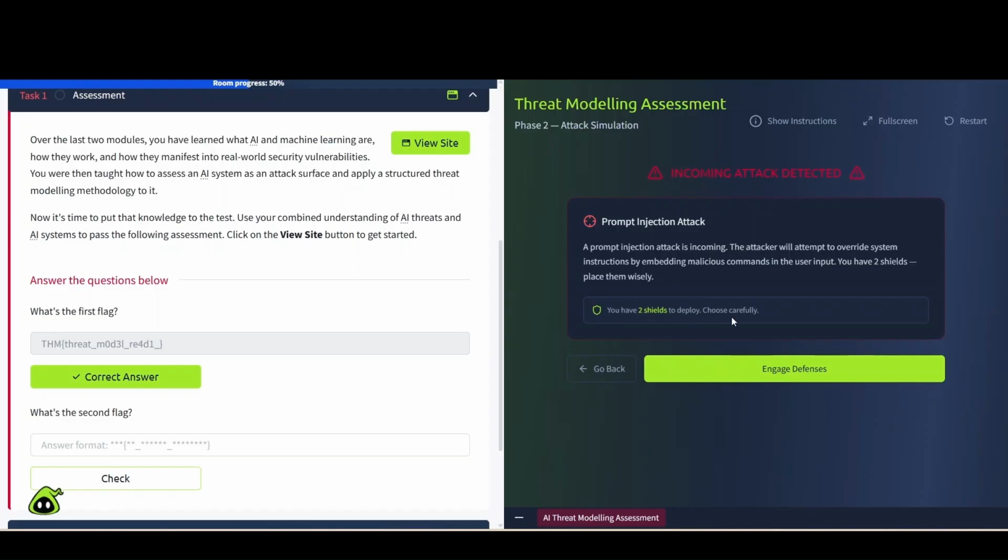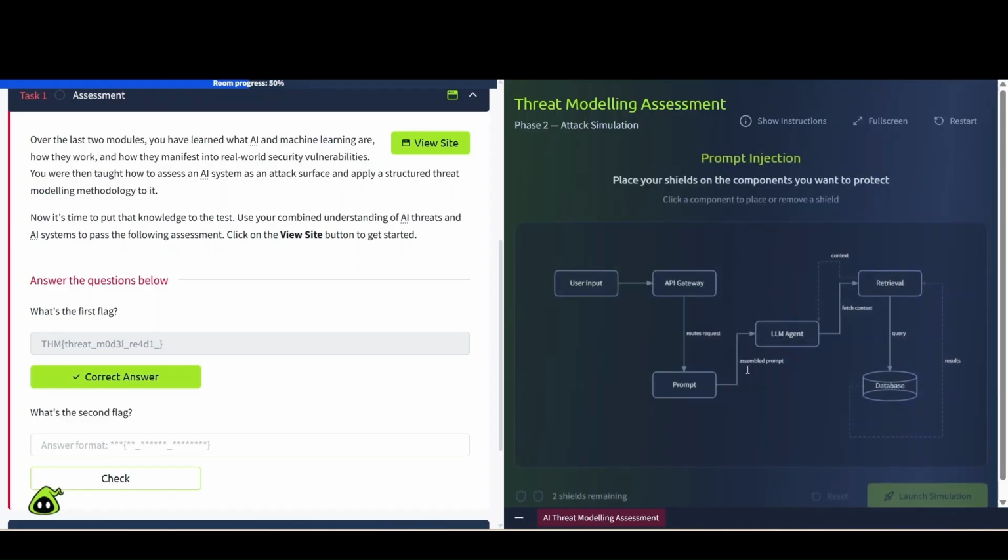2 shields to deploy, choose carefully, engage defenses. Okay, so we just plug them in here, I guess. Place your shields on the components you want to protect. Click a component to place or remove a shield. So we have user input, API gateway, routes request, prompt, assembled prompt, LLM agent, fetch context, retrieval, query database, results.